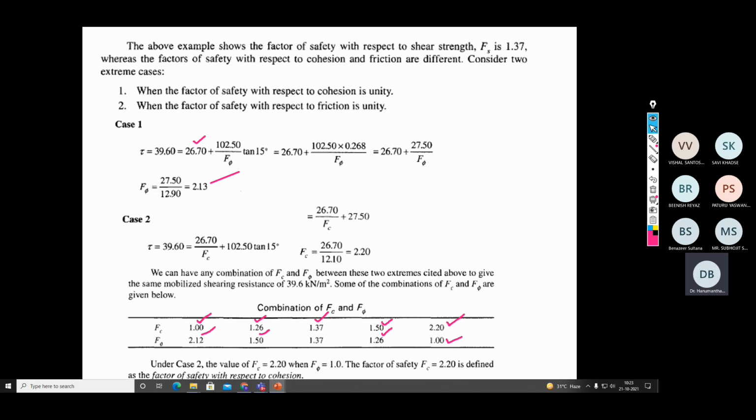So from there you can derive which parameter is more influential or which parameter is more critical. See, one thing is there should not be much variation in the factor of safety value under any circumstance. If there is too much variation, it is a danger.